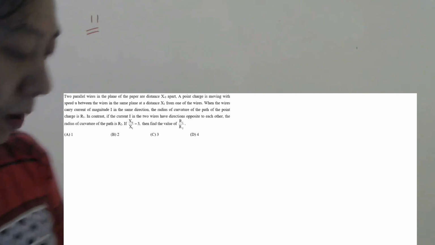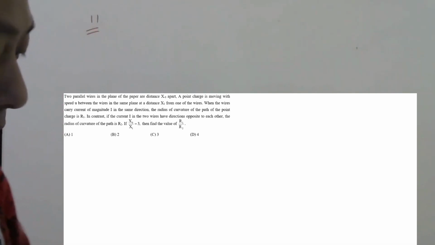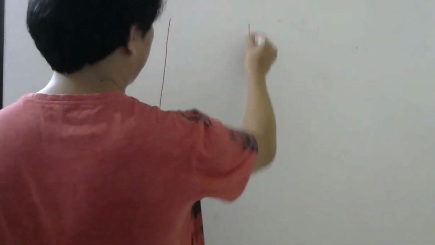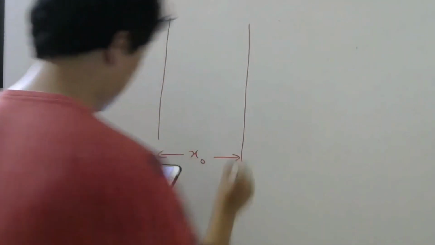So in question number 11, they are saying two parallel wires in the plane of the paper are x naught apart. So two parallel wires are distance x naught apart.